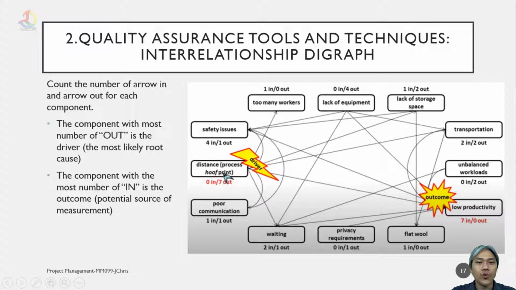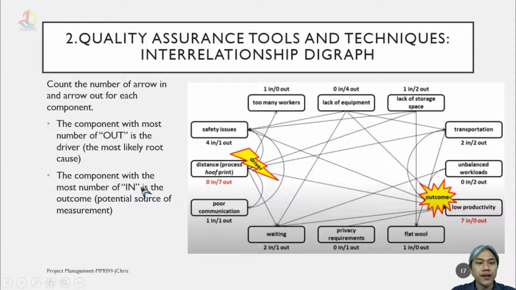The component with the most number of out, we have 7 here in the distance, is the driver or the most likely root cause of our main problem. So this interrelationship diagram helps us to determine the main problem, the root of our problem.